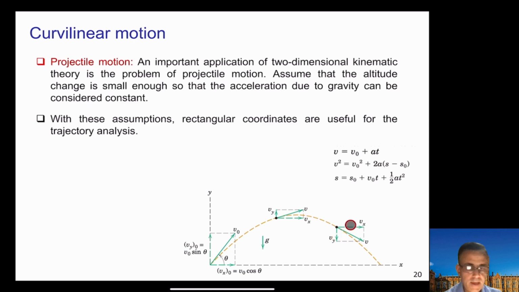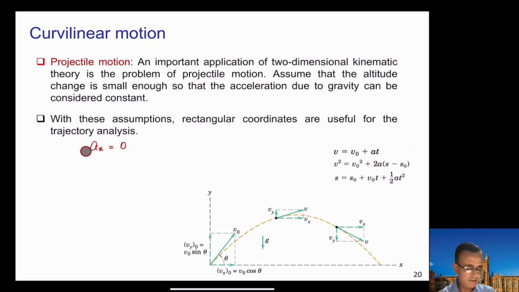Okay, now one important point: we can use all these equations for the projectile, because the acceleration is constant for the projectile. As you can see, in the x direction there is no acceleration, because you just throw the object with some initial velocity, and then it depends on the initial velocity and the angle, and then it's just following this path here.